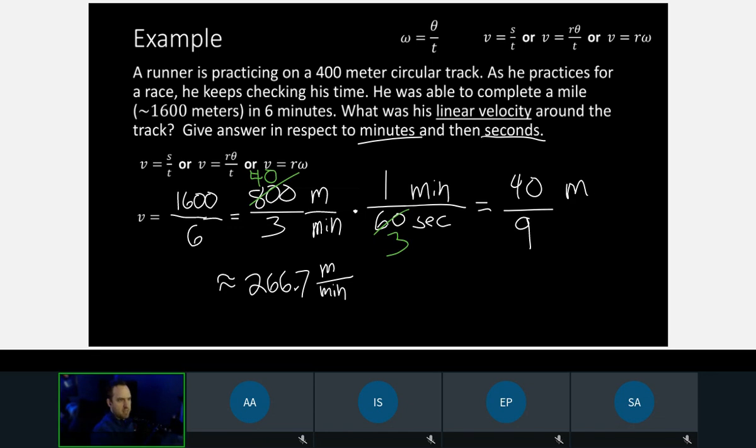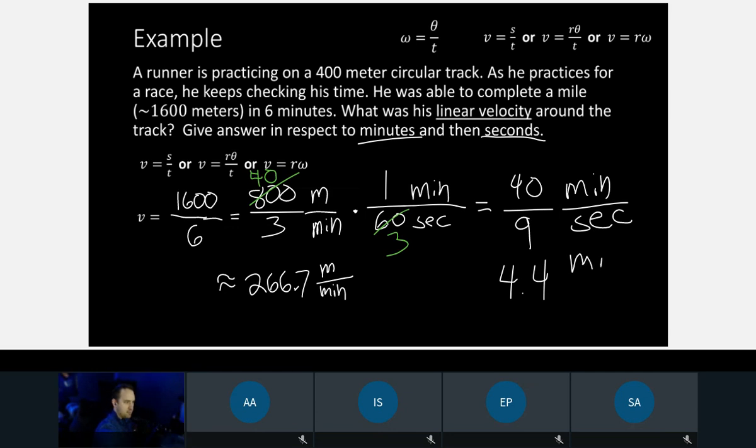And then what is 40 divided by 9? 4.4. All right, we gave both answers and we're good.